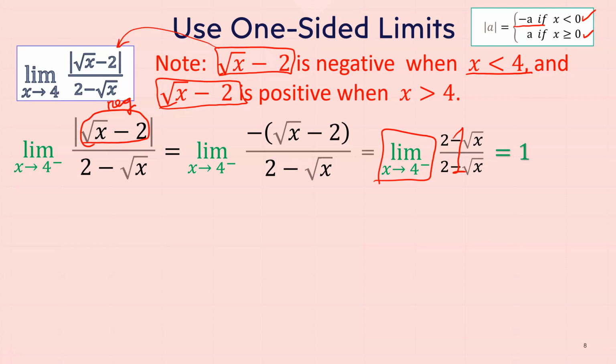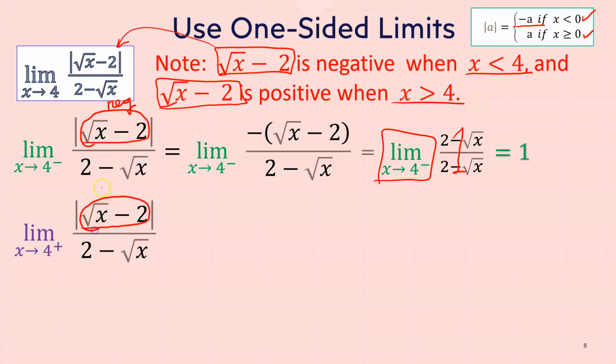Okay, now let's take a look at what is happening when x is approaching 4 from the right-hand side. That means x is greater than 4. When x is greater than 4, this part right here is positive. So the absolute value of a positive number is itself. So we have the limit as x goes to 4 from the right of itself right here.